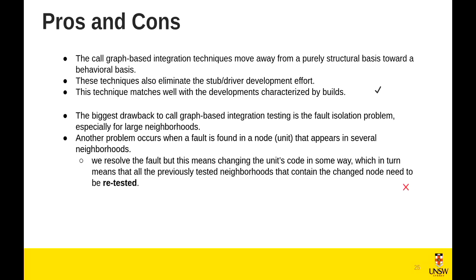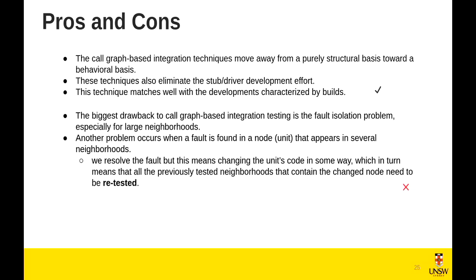Another problem with this kind of call graph-based integration strategy is that sometimes a node or a unit could appear in several different neighborhoods if we do neighborhood testing, or even in many different pairs if we do pairwise testing. Imagine we found a bug with such a node and fixed that bug, and we need to replan our test, to test whether we have patched the program or not.